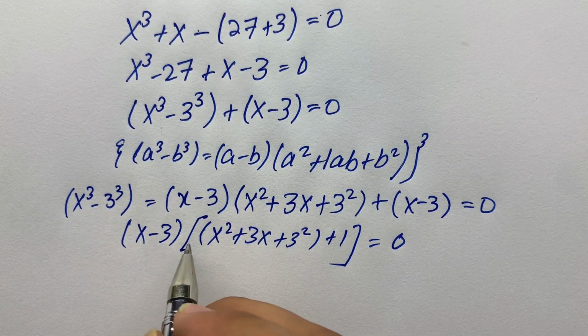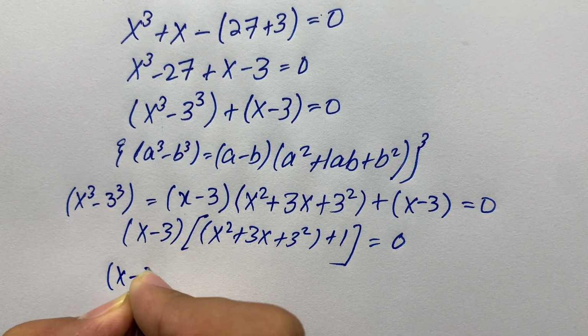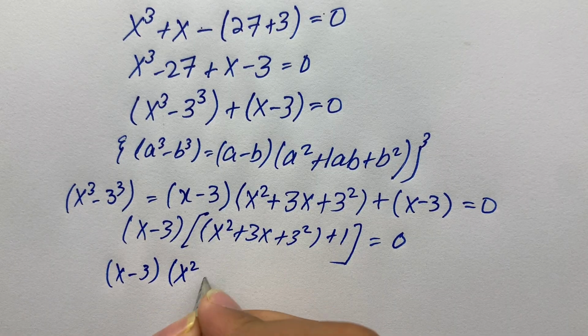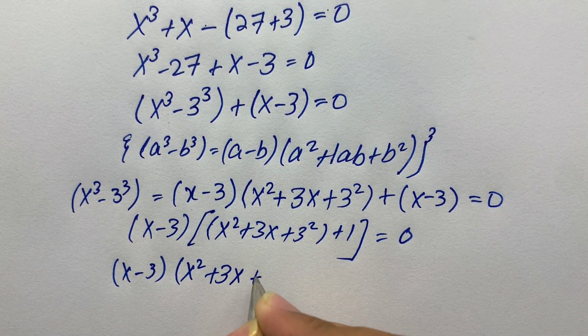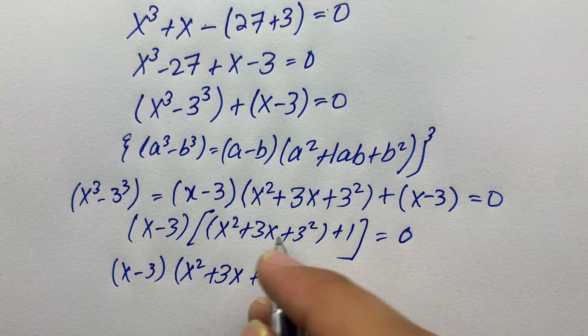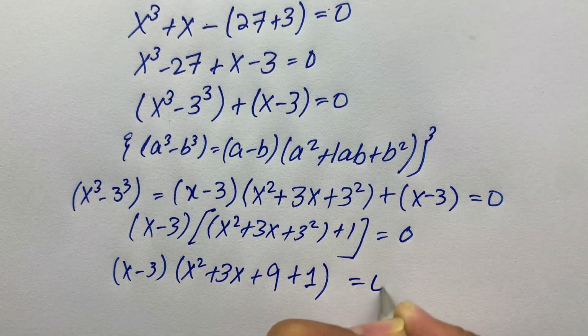Now this x minus 3 into x squared plus 3x plus 9, 3 squared is 9, plus 1 is equal to 0.